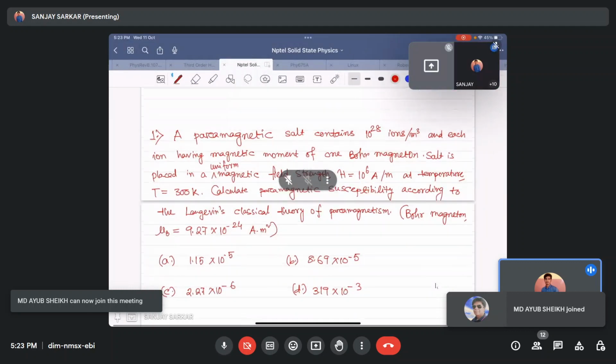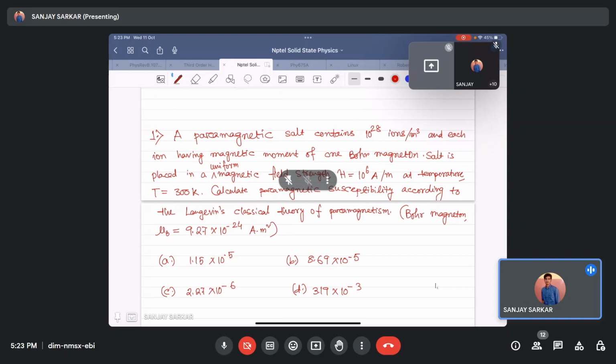So I'll read out the question again. A paramagnetic salt contains 10 to the power 28 ions per meter cube, and each ion has a magnetic moment of 1 Bohr magneton. The salt is placed in a uniform magnetic field, strength H equal to 10 to the power 6 ampere per meter at temperature T equal to 300 Kelvin. Calculate the paramagnetic susceptibility according to Langevin's classical theory of paramagnetism.